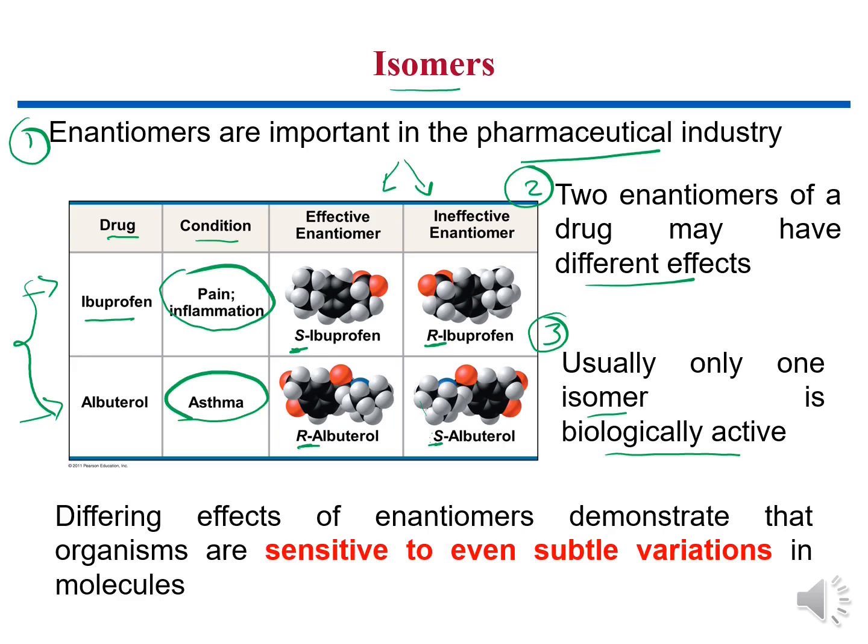And finally, the fourth thing that I want you to remember is that the different effects of enantiomers demonstrate that living organisms are very sensitive to even subtle variations in molecules. And this is very important when we design medication.